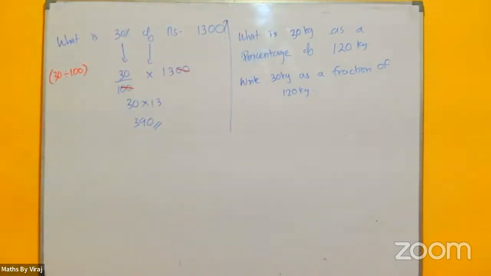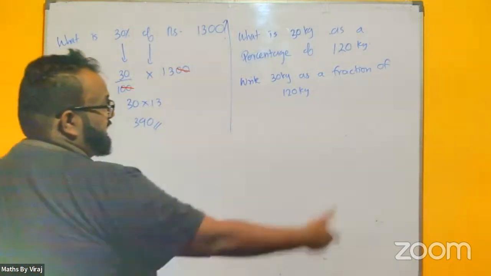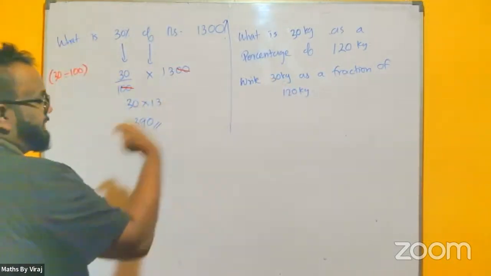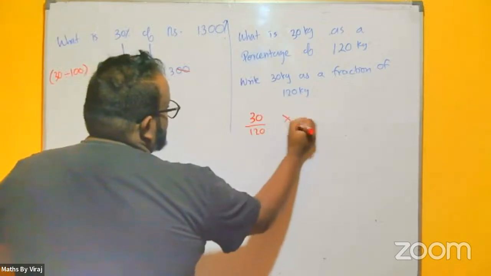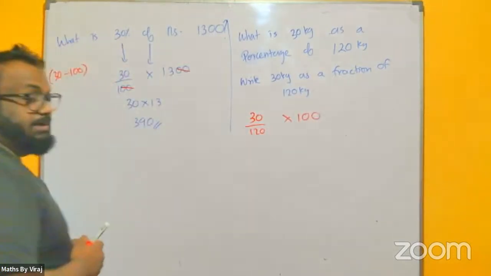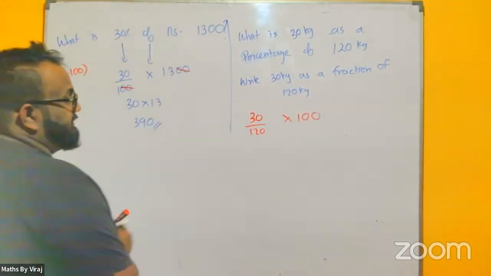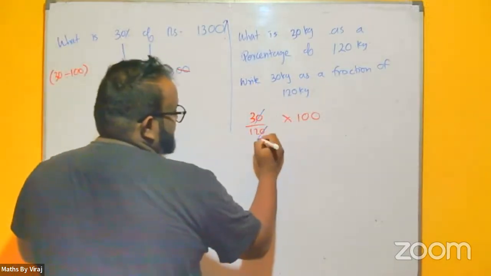Now what do we need? We need to convert a simple fraction to a percentage. How do we do that? We simply multiply it by what now? 100. Very easy.